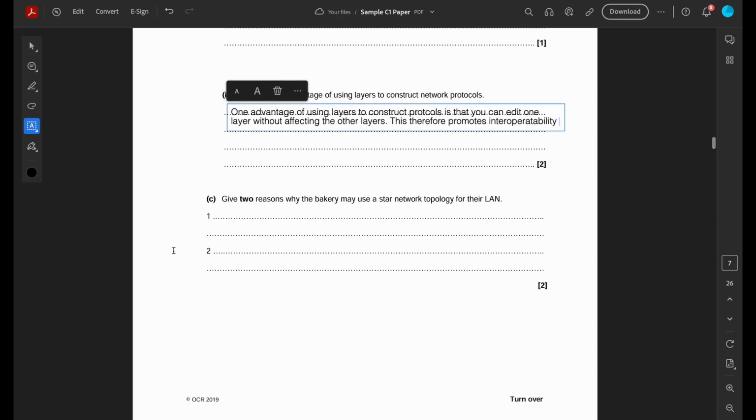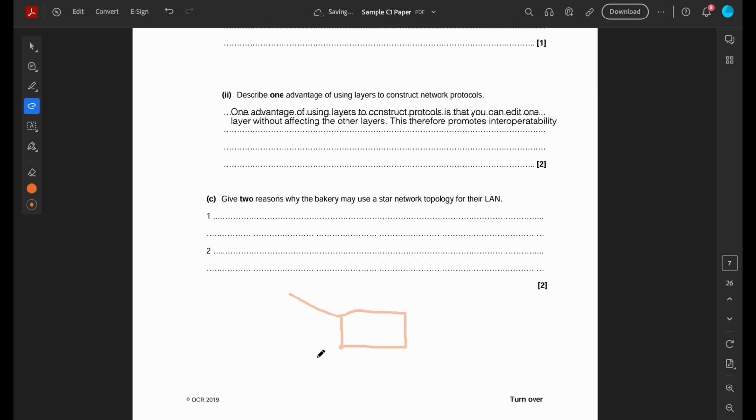Give 2 reasons why the bakery might use a star topology. It would have been better if we could draw a little bit. There you go. A star network topology basically means that in the center we have a switch, and then we have some devices off the side, which are connected there.